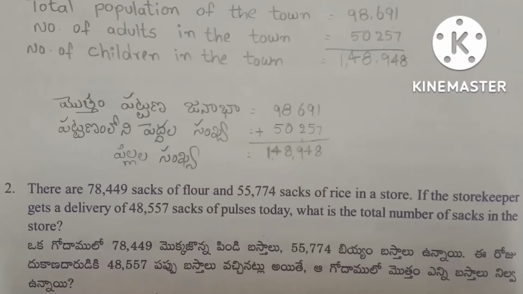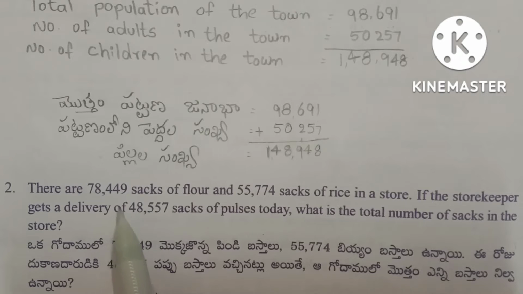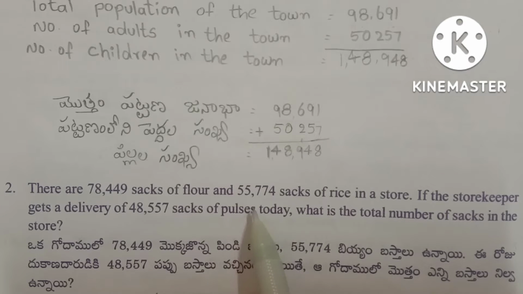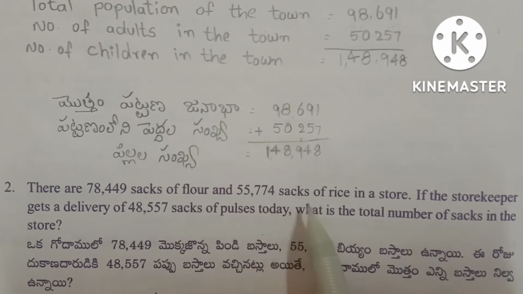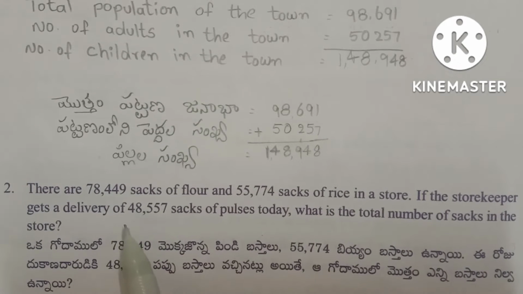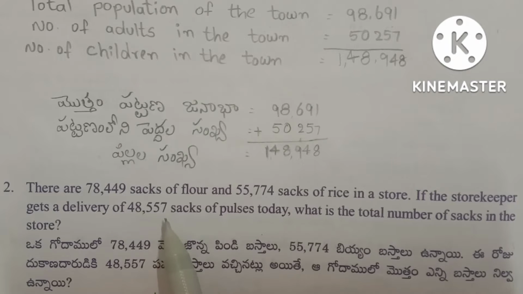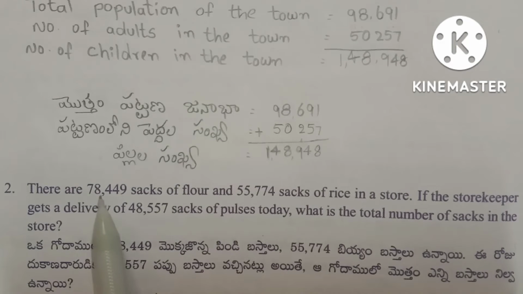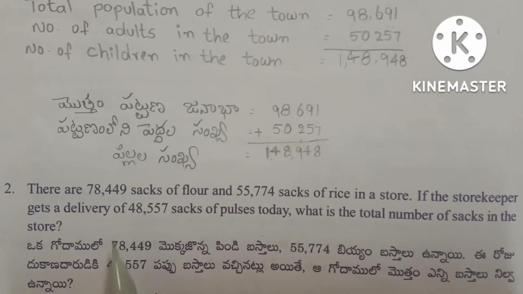1,48,948. Next question, there are 78,449 sacks of flour and 55,774 sacks of rice in a store. If the storekeeper gets a delivery of 48,557 sacks of pulses today, what is the total number of sacks in the store? Number of sacks of flour equals 78,449.